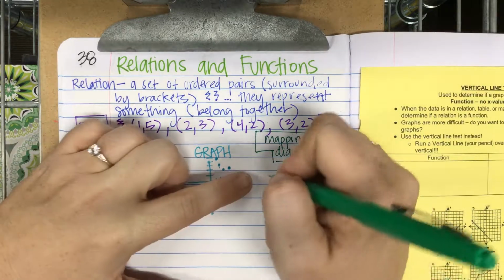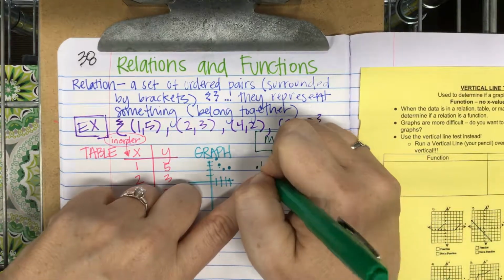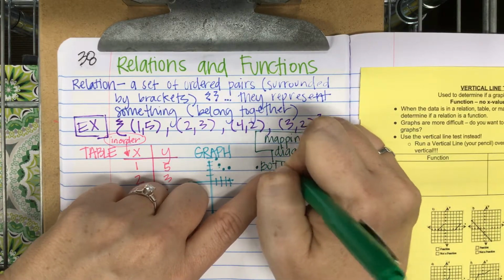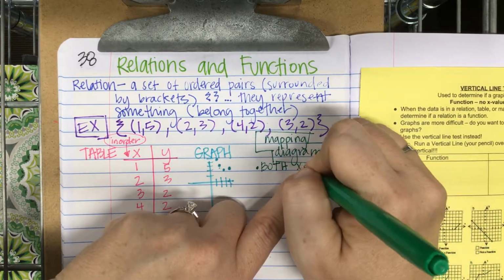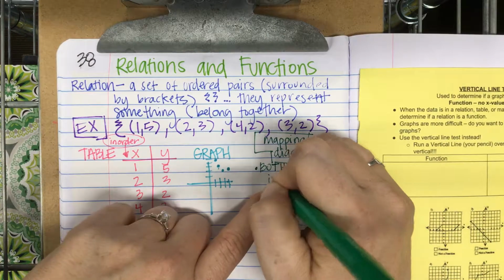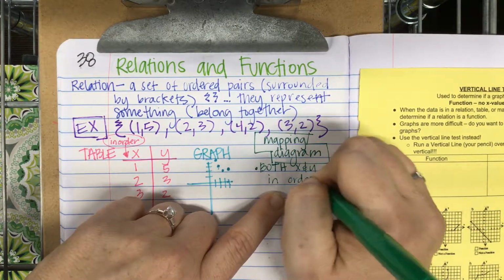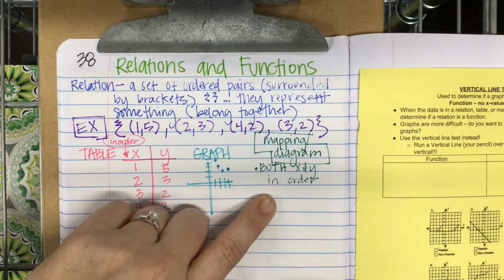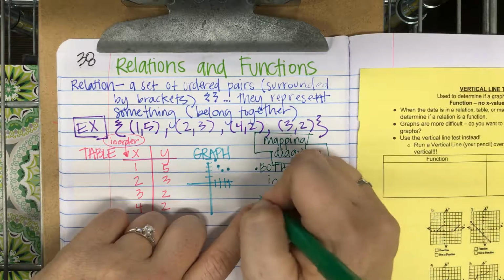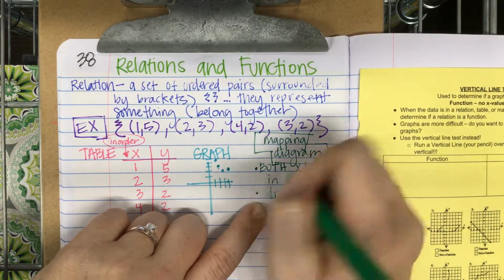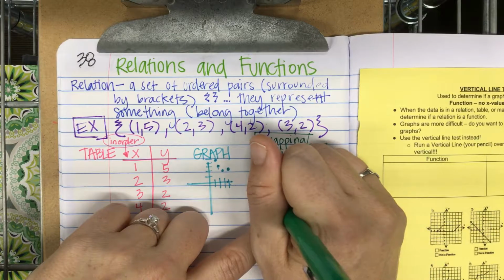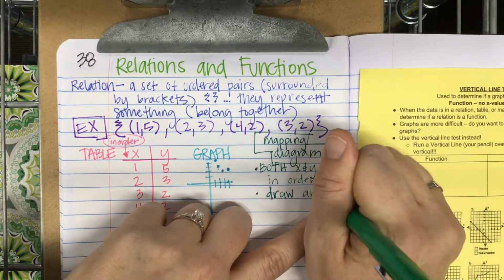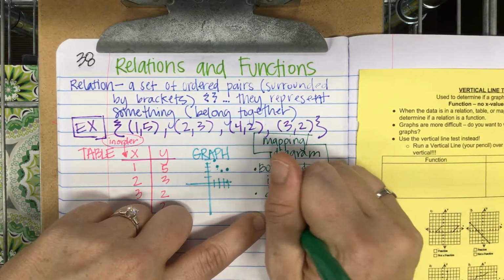To make a mapping diagram, both X and Y are in order. Then you draw arrows to connect the pairs.